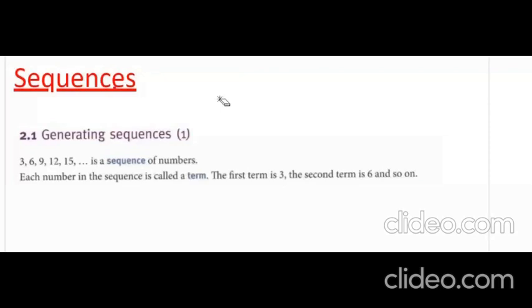Today we are going to see the new chapter, sequences. Before we start the chapter, let me discuss the use of sequences in our real life. It can be seen throughout our flowers, like the sunflower.